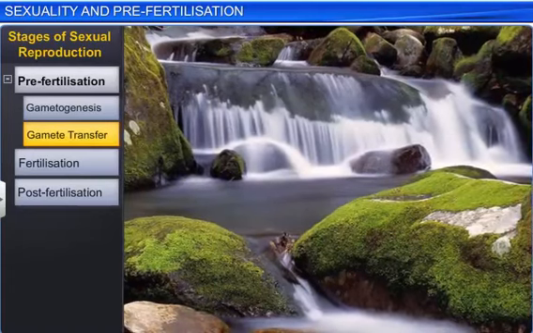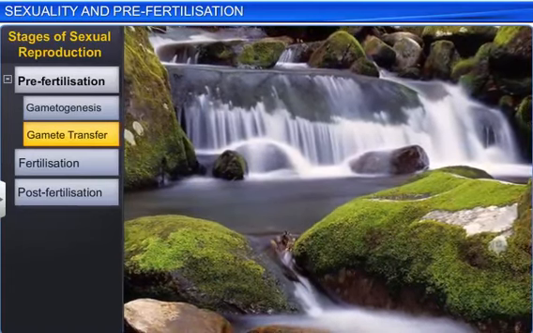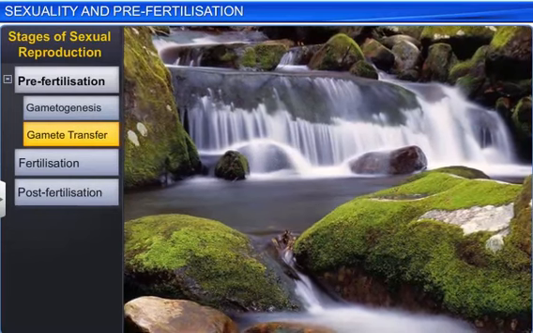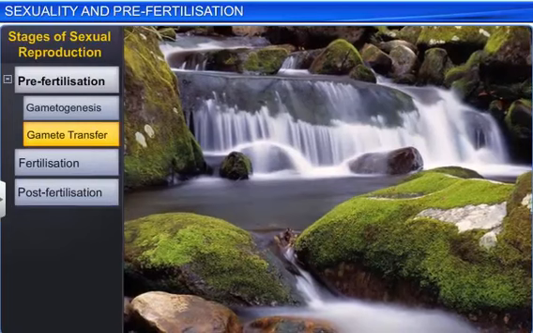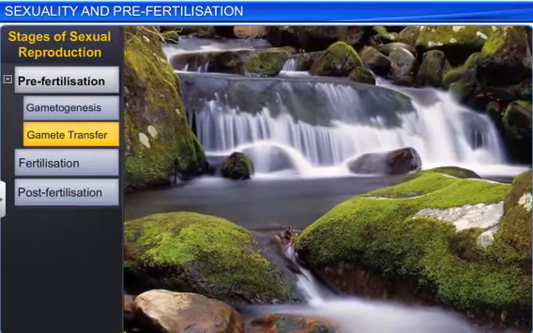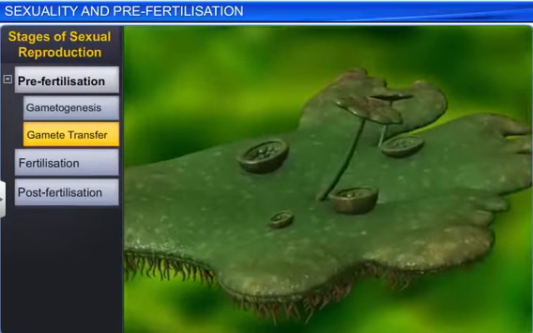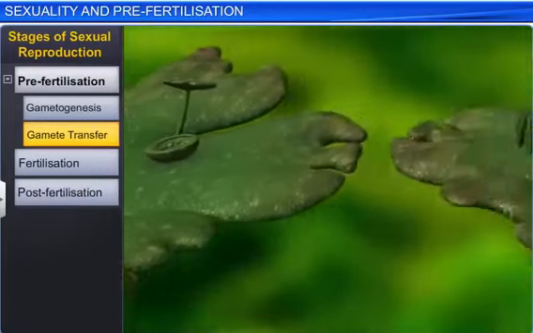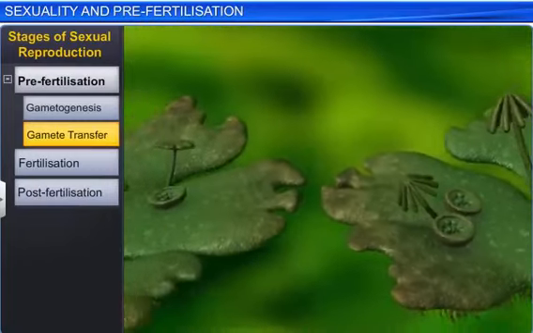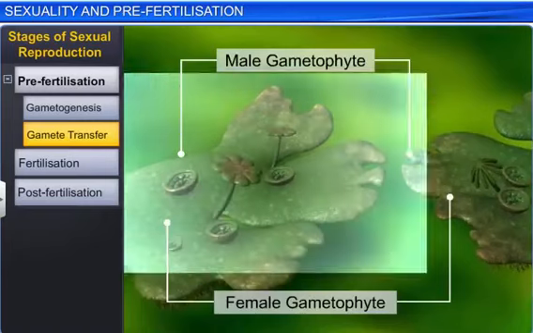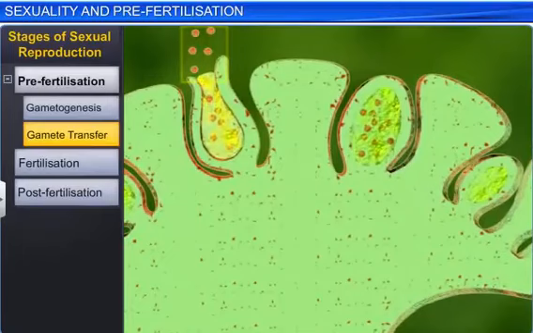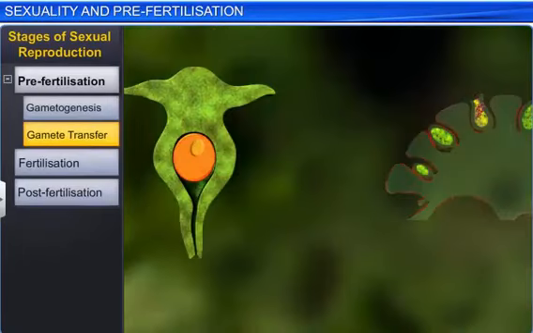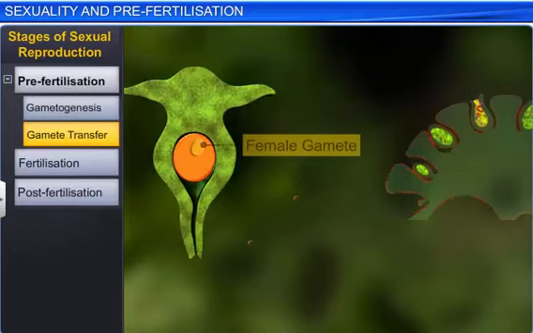In the case of algae, bryophytes and pteridophytes, water acts as a medium for such gamete transfer. The motile male gametes produced by these plants make use of water currents to reach the stationary female gamete.